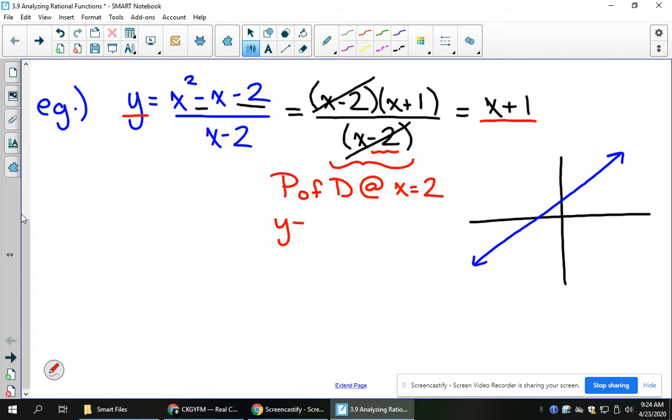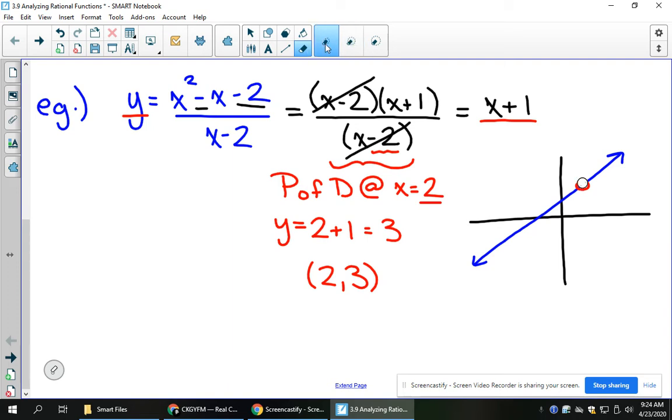The y value is going to be x plus 1, and the x we're using is the number 2. So the y value is going to be 3. This corresponds to the point (2, 3), and at (2, 3), there's actually a hole in the graph.